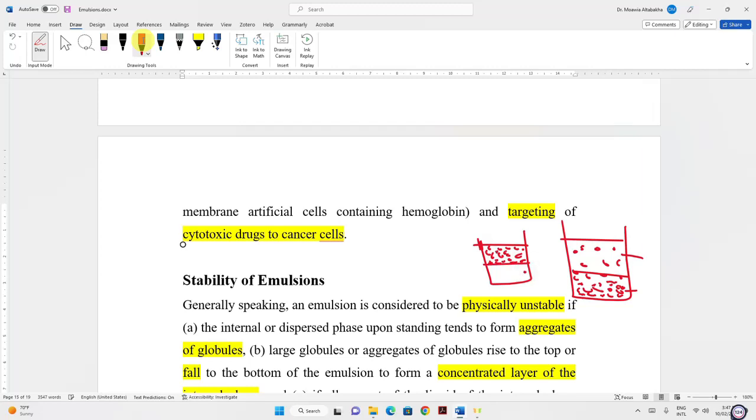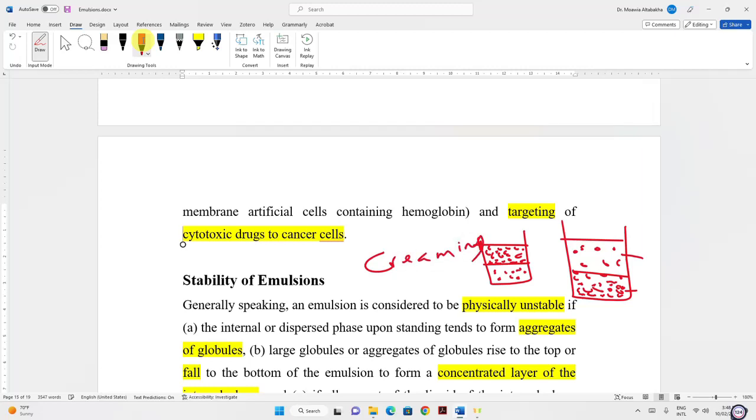So it's a kind of aggregation, but they are starting to separate. But still in this case you can shake the bottle and you can get the emulsion back. But what do we call this? We call it creaming.